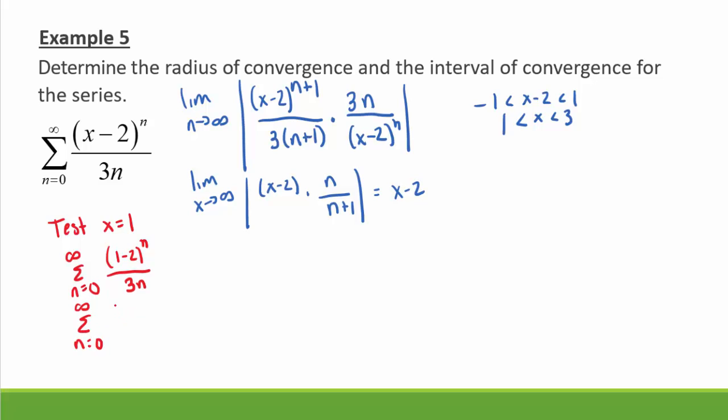And this ends up being negative 1 to the n over 3 to the n. Notice how you have that negative 1. I actually think this is poor, that this is n equals 0. I wonder if this should be an n equals 1. I'm going to look at my notes.